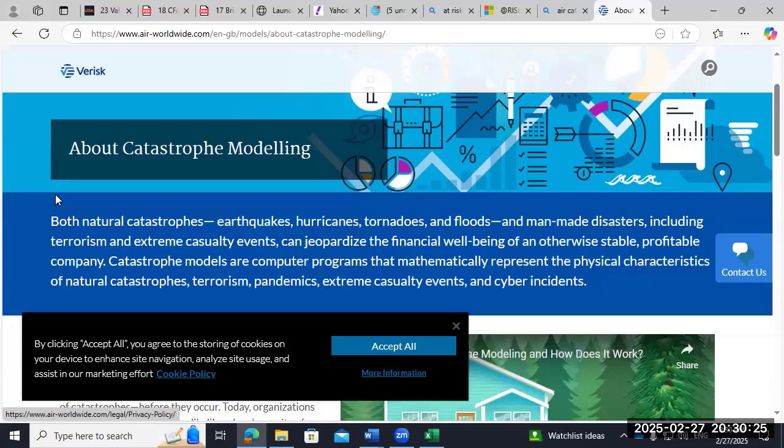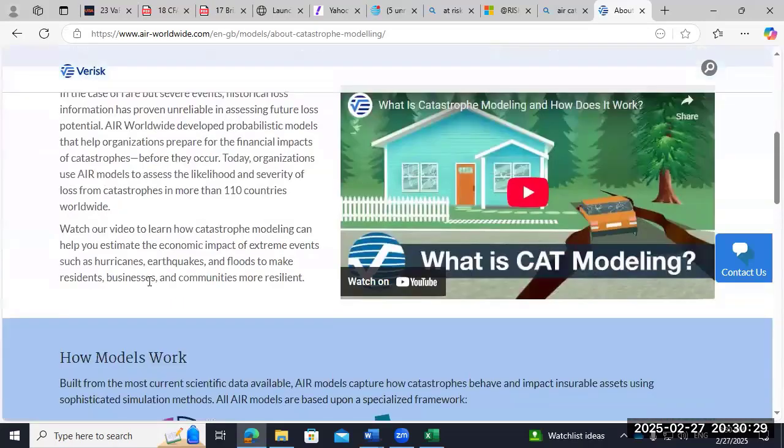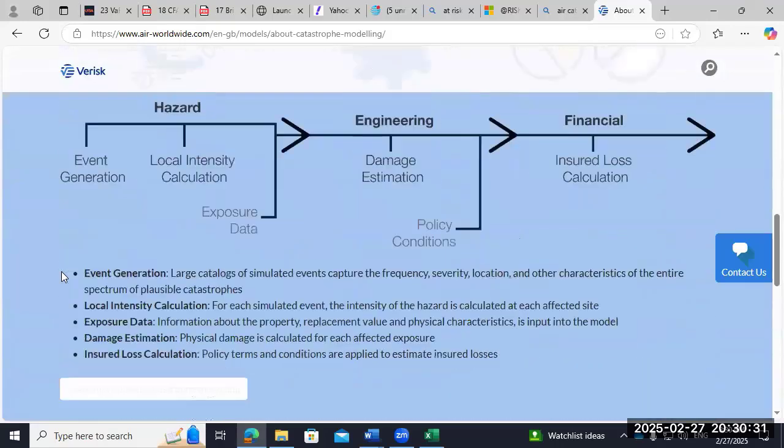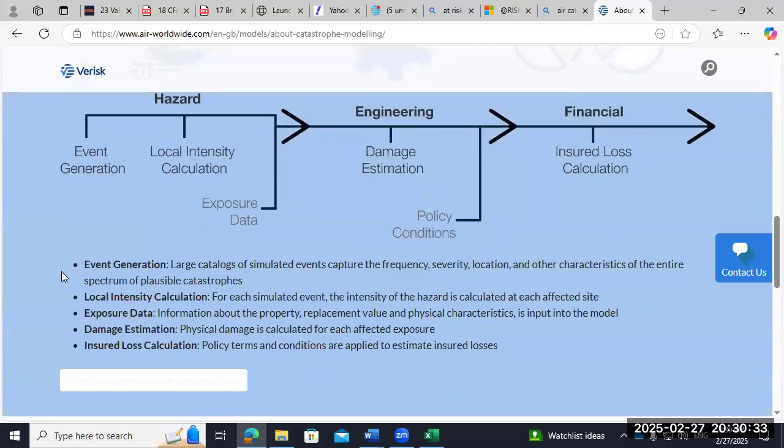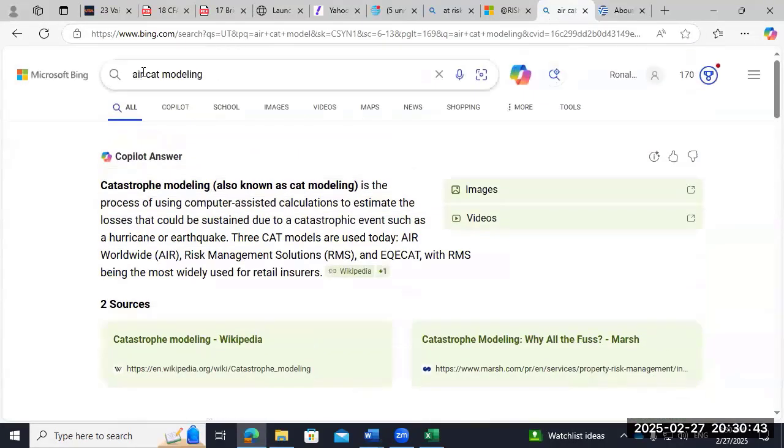They do all kinds of stuff. Very, very sophisticated. It's a great website, and USAA uses them. Just really, really powerful stuff. Theirs is probably a little more expensive than @Risk. And then the other firm is RMS.